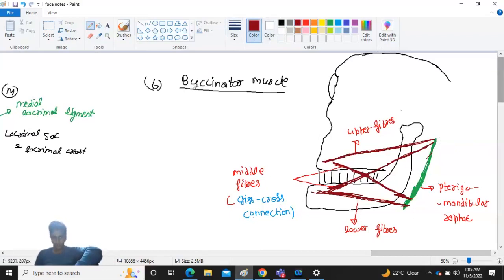The origin is the pterygomandibular raphe and insertion is the lip region. All have fixed origin and fixed insertion.